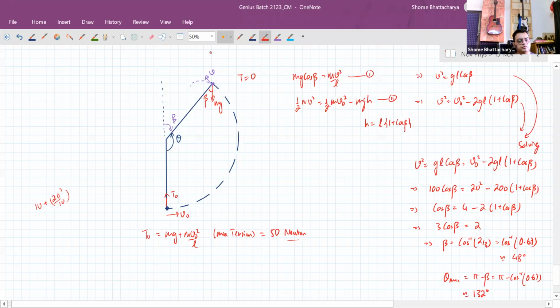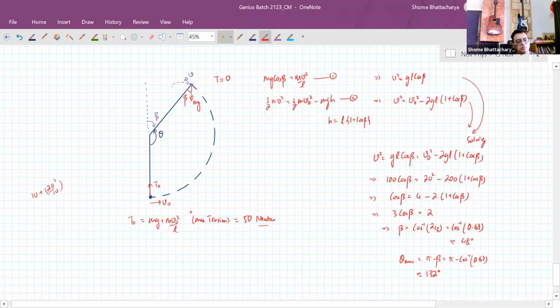Okay. So I think we got more or less everything we are looking for: maximum tension, minimum tension, and maximum angular displacement. We have to also find the maximum height.